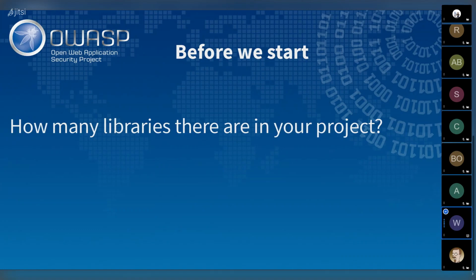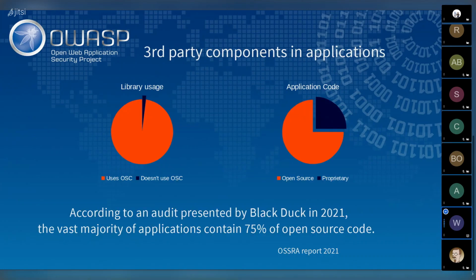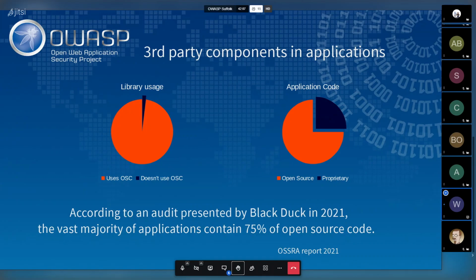In 2021, Black Duck presented the annual Open Source Security and Risk Analysis report. According to that report, 98% of commercial applications use open source code.